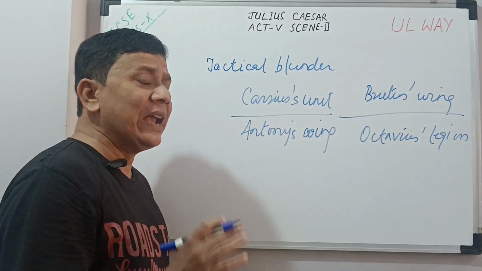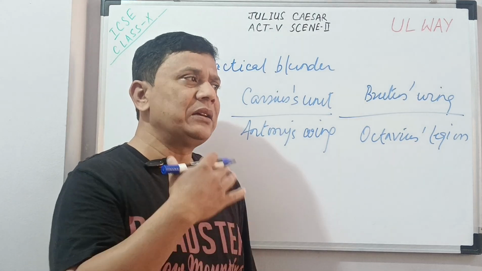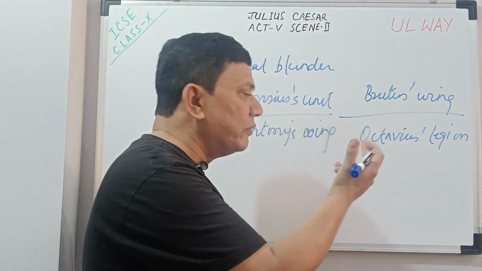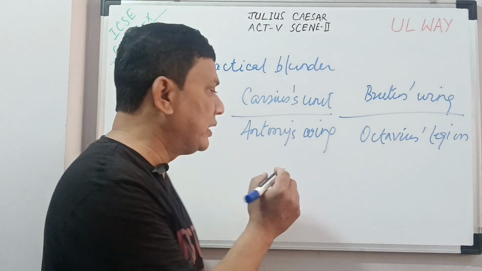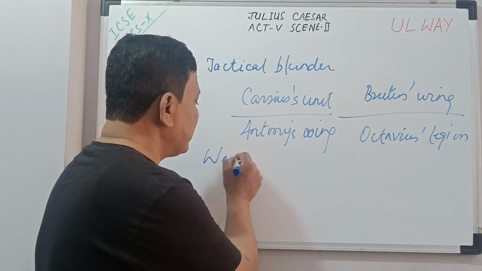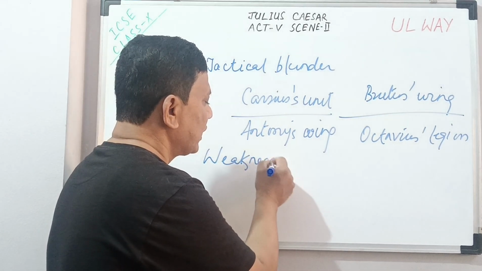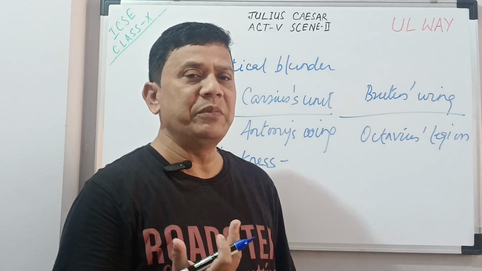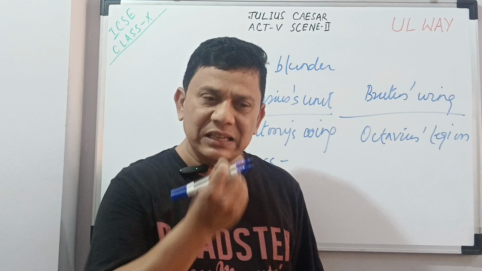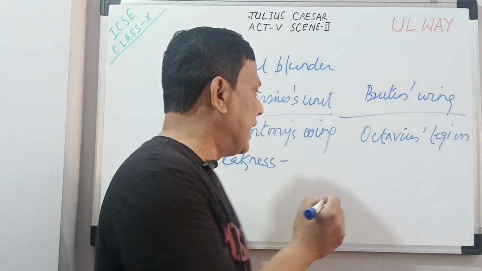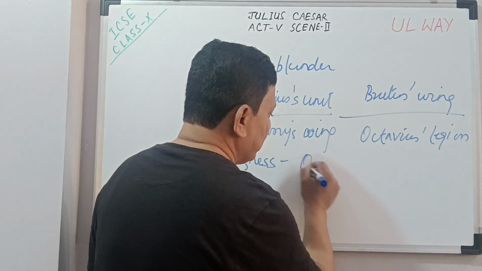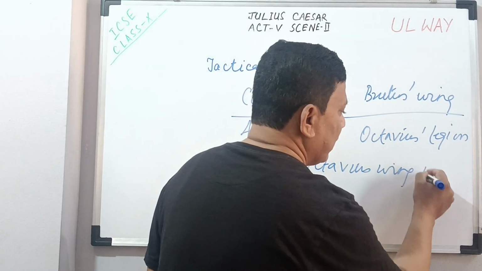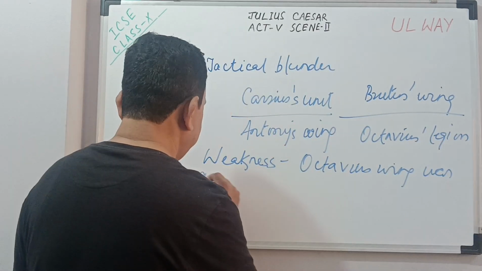And here Brutus sees a perceptible weakness in Octavius's wing of the army. And what was that weakness? He found that Octavius's wing of the army was a bit lacking in enthusiasm.